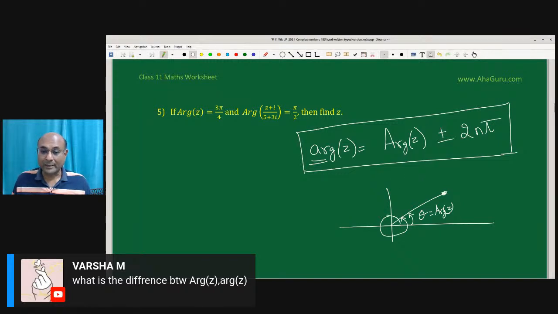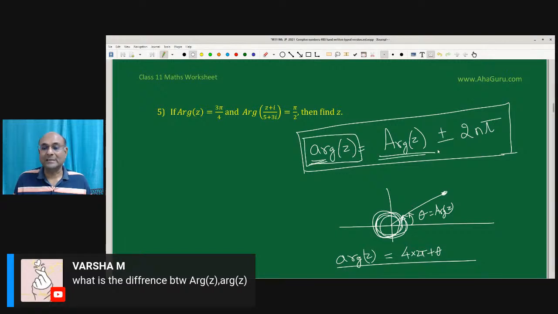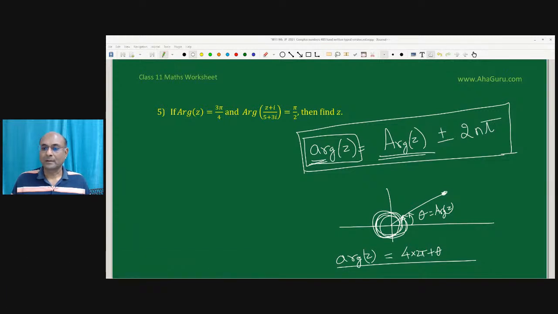I can go one trip, second trip, third trip, fourth trip, and then stop here. That means I did 4 times 2 pi plus theta. How many small ARGs of z are there? Infinite, because you can choose any n you want. So this is not a real good function. To make it a function, we use capital ARG. I hope that is clear.